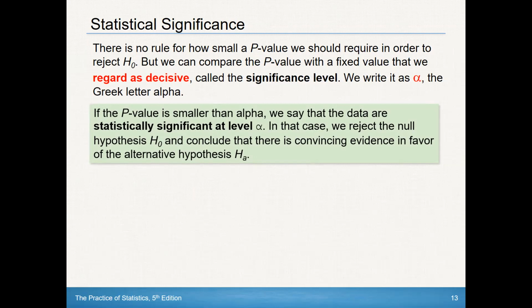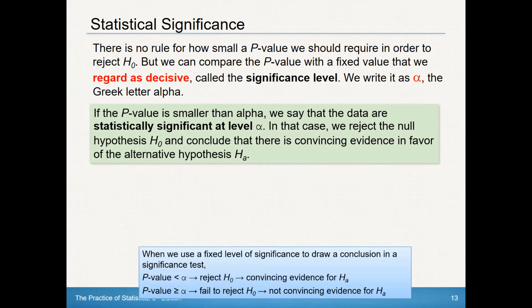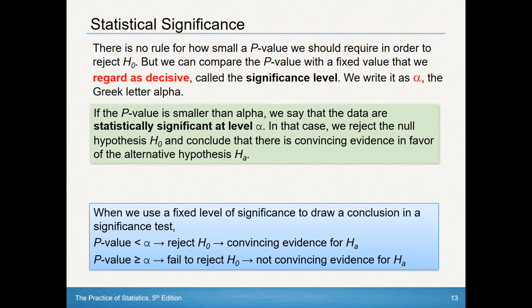So if you think about it, confidence level in chapter 8, significance level in chapter 9. So one more time, when we use a fixed level of significance to draw a conclusion, for instance, one of the most popular alpha values is 5%. If you think about it for a second, one of the most popular confidence levels is 95%.